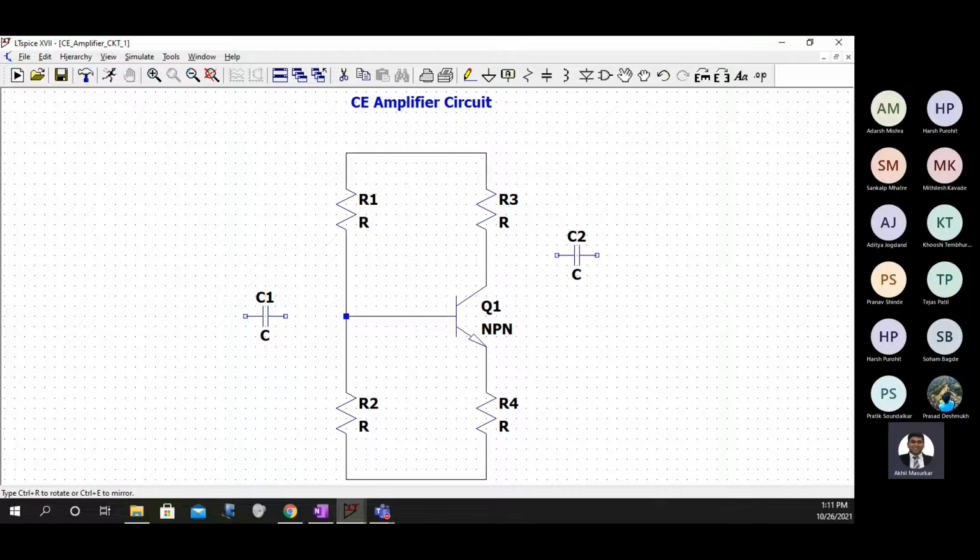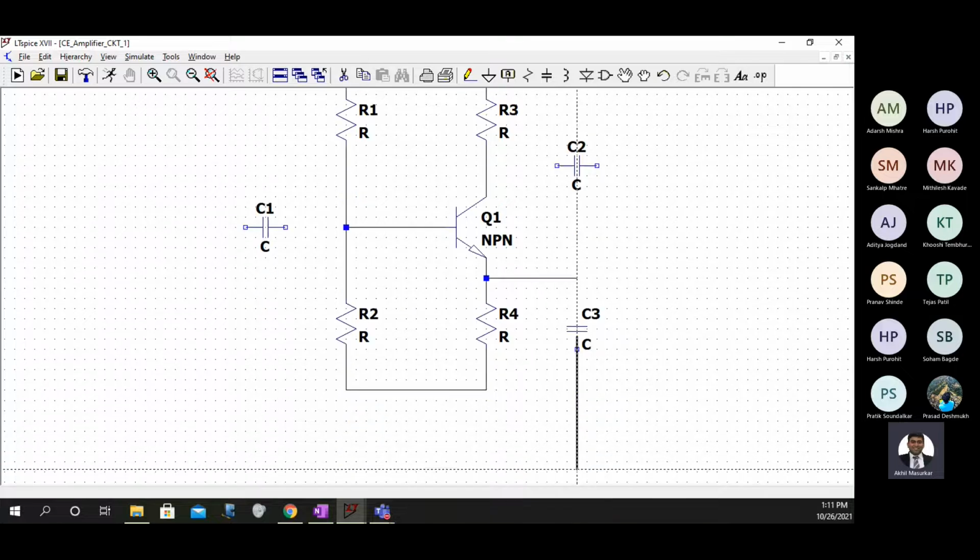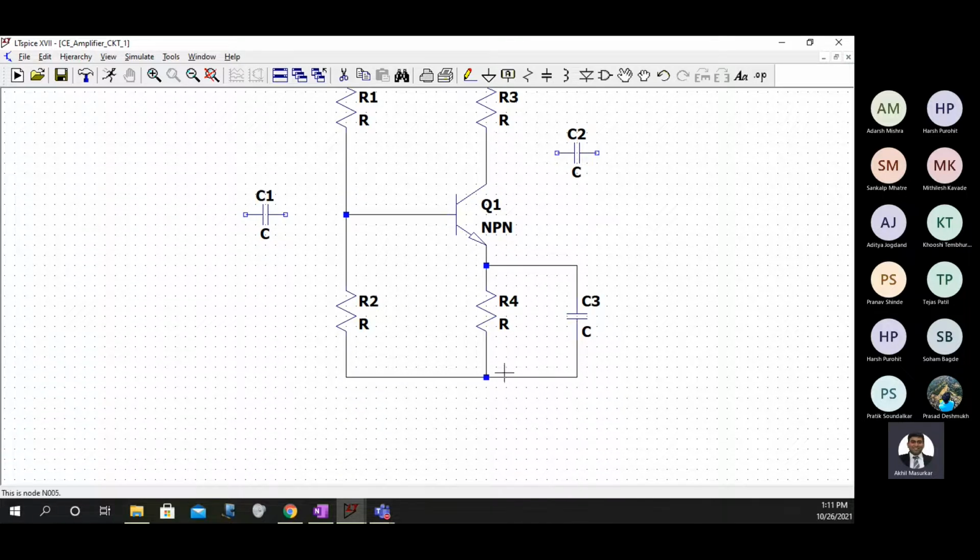You will require one capacitor at the output, and one capacitor across the resistance. And don't forget the circuit ground.